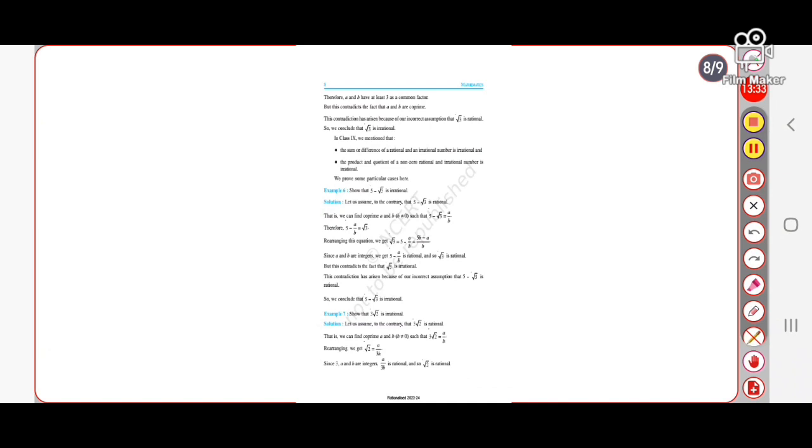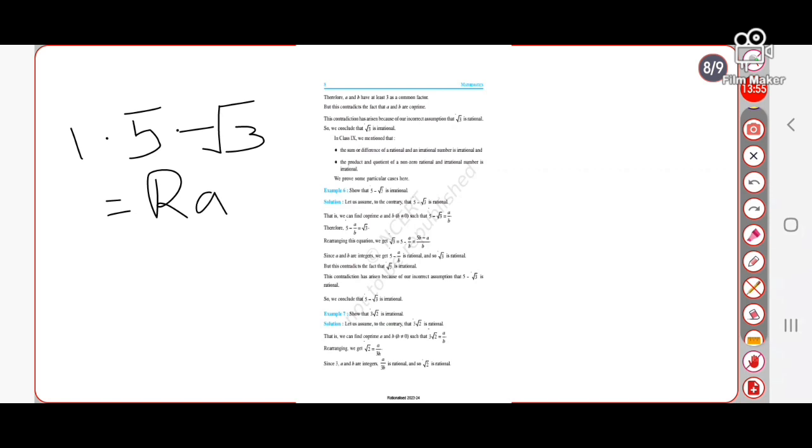Right, first what we need to assume is, as I told you, the first step is we need to assume 5 minus root 3 is rational. Yes, the same step, right?